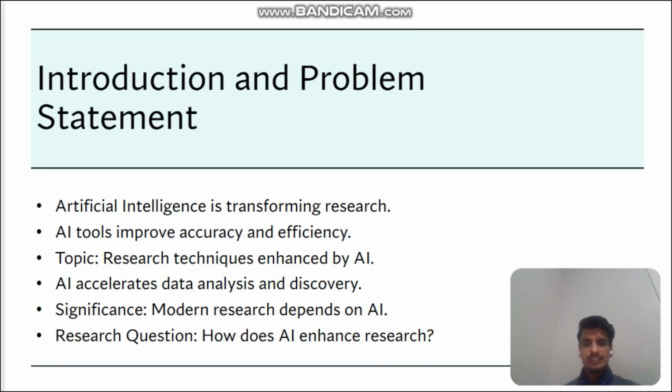The first thing is introduction and problem statement. Artificial intelligence is transforming research. Like, people analyzed data manually back in the days, but now AI helps people do their work much faster and more accurately.